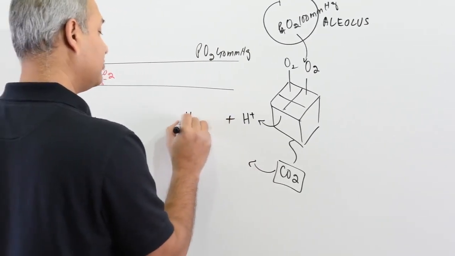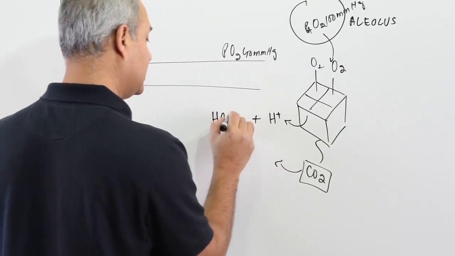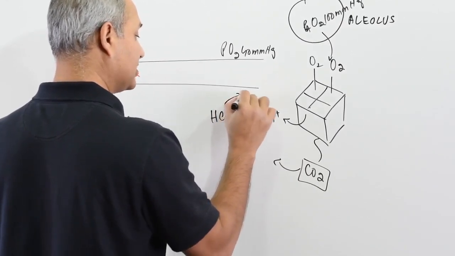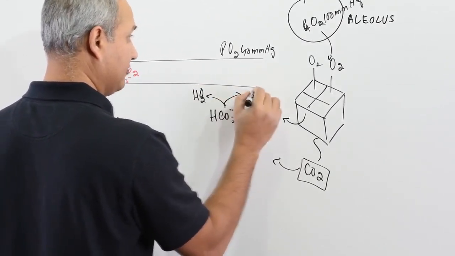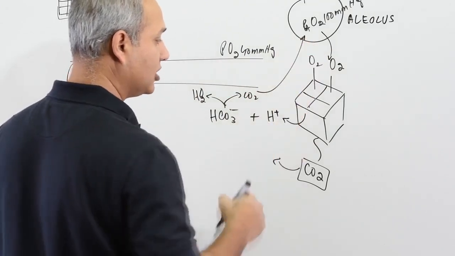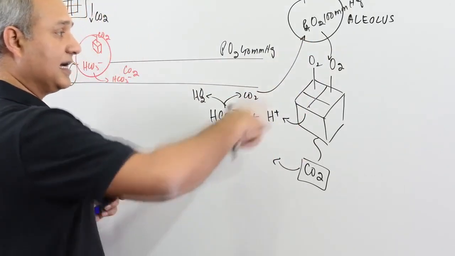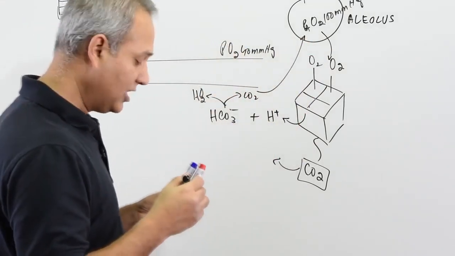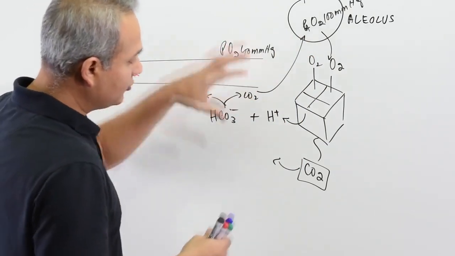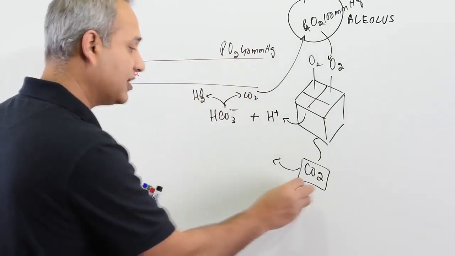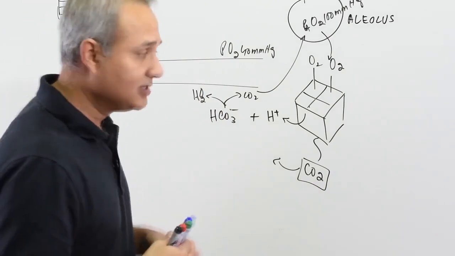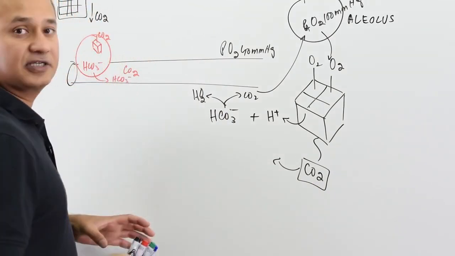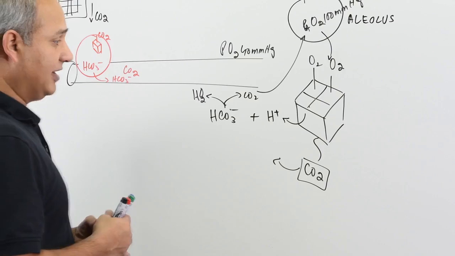Remember, hydrogen would combine with HCO3, that would give carbon dioxide plus water. This carbon dioxide will be going out. So one proton release has caused a carbon dioxide to be removed. When the carbon dioxide is removed, of course the pressure reduces further, and that causes the carbon dioxide to be removed from the hemoglobin as well. This is the Haldane effect.